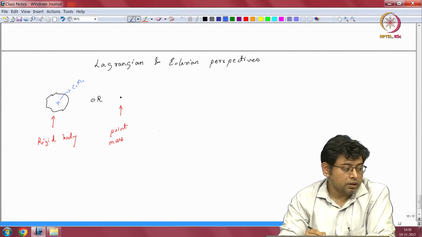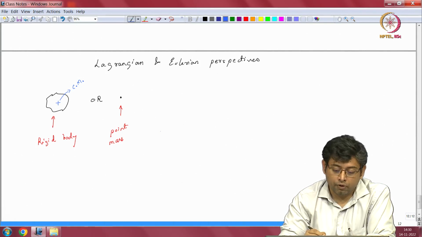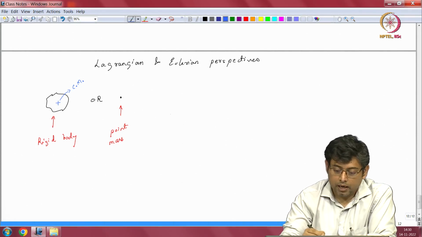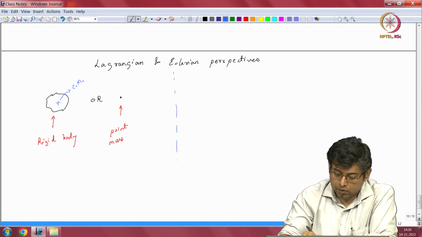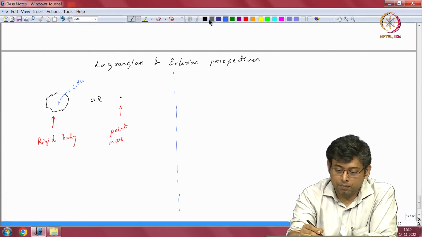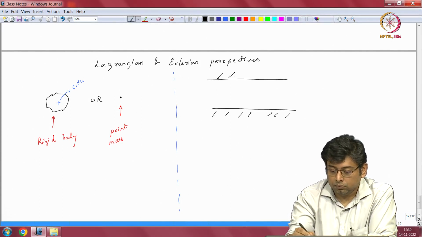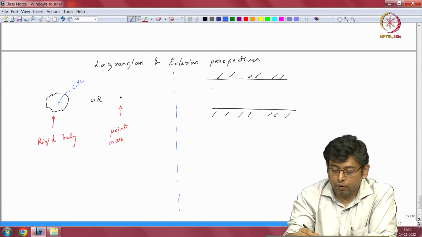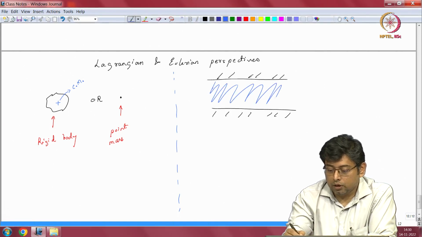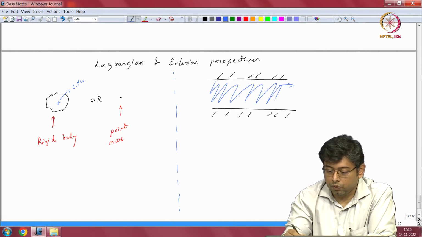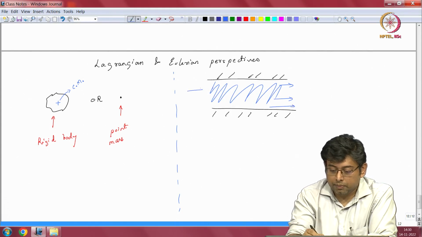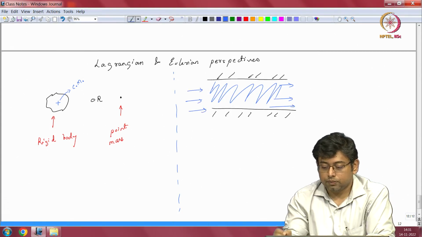Now all real bodies deform and the problem of tracking becomes far more complex. To give you a perspective into that, let us say you have a channel and you have fluid here that is now flowing. Okay. So this fluid is flowing outwards, it is coming into the pipe and it is going outwards. Right.